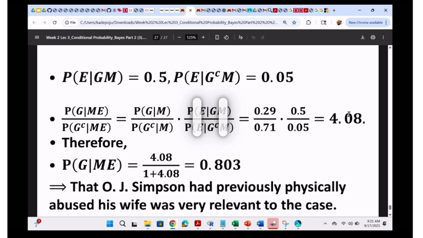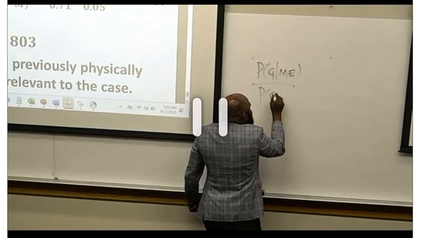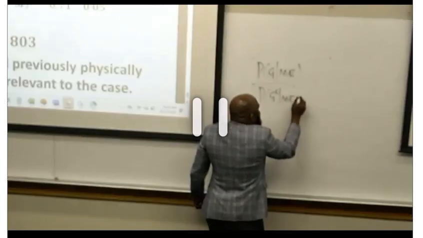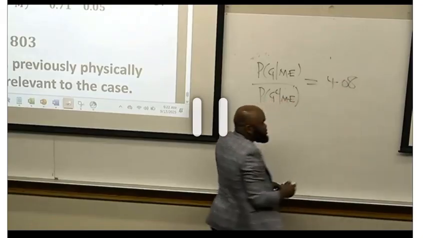But if I really want to compute the probability, please pay attention. If I want to compute the ratio, this guy divided by this guy actually gives 4.08.